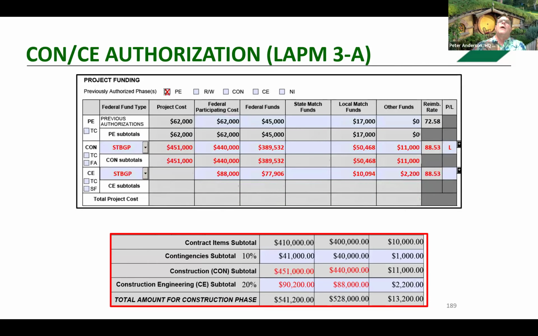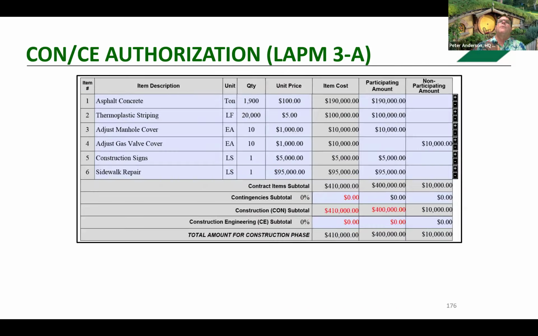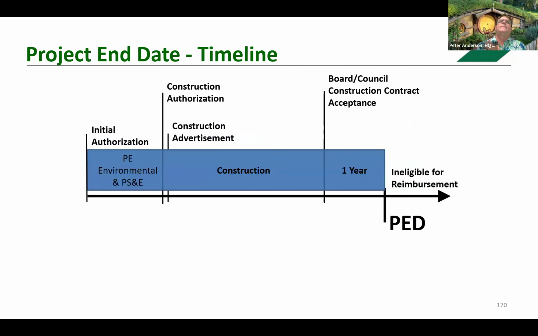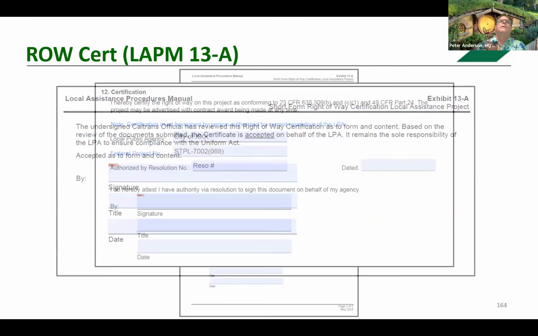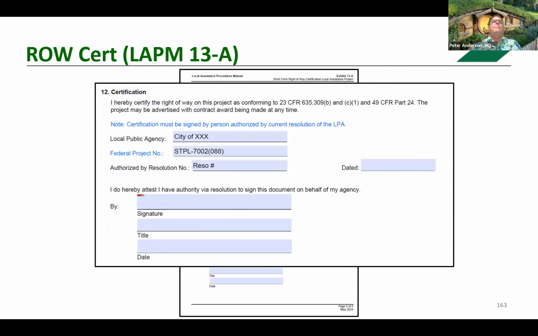I'm going to jump way back to that form because there's something I want to point out. I failed to do that. Sorry, people. So there is a key part about a resolution. There is a resolution so the project may be advertised. So I certified, and there'll be an actual resolution that helps support this. And so it says the certificate must be signed by a person authorized by a resolution from the agency.